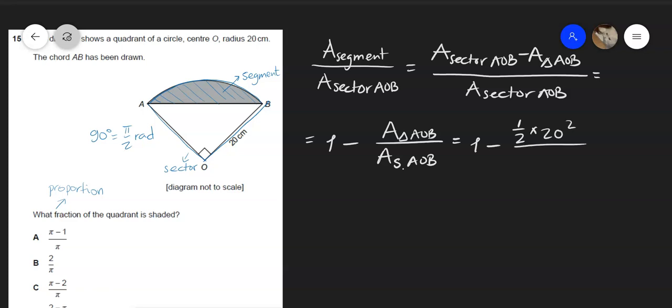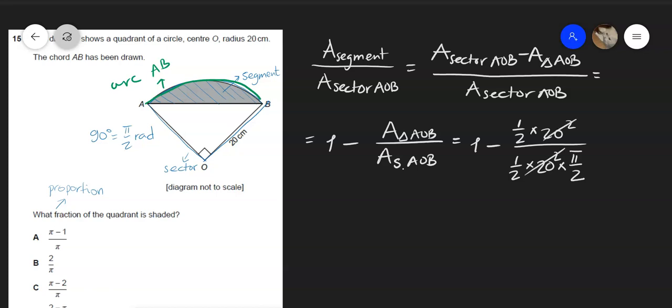And the area of the sector is half times radius squared times the angle that subtends the arc AB. So this arc AB. And this angle is pi over 2. You could also find the area of the quadrant by taking a quarter of the area of the circle.